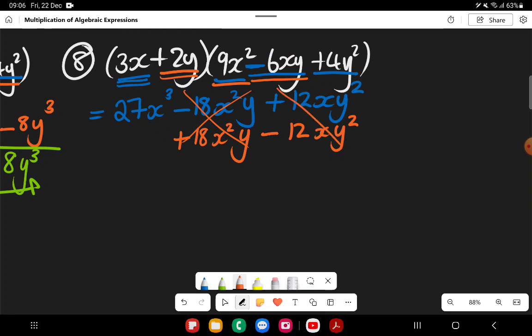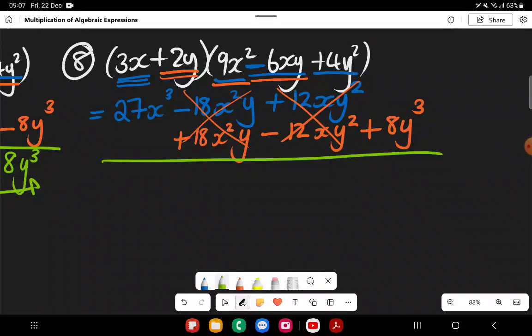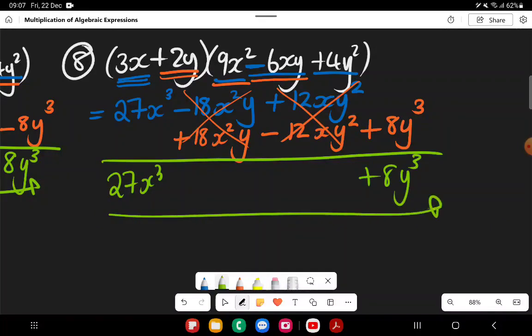So that disappears as well. 2y times 4y squared becomes positive 8y cubed. Now I'm going to add everything up, and that becomes 27x cubed. That's 0, that's 0, plus 8y cubed. And that's my final answer.